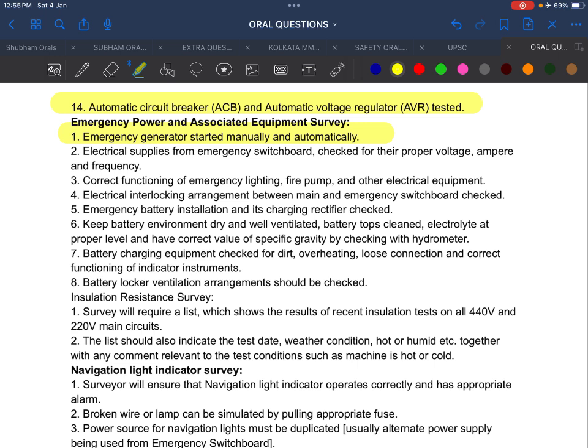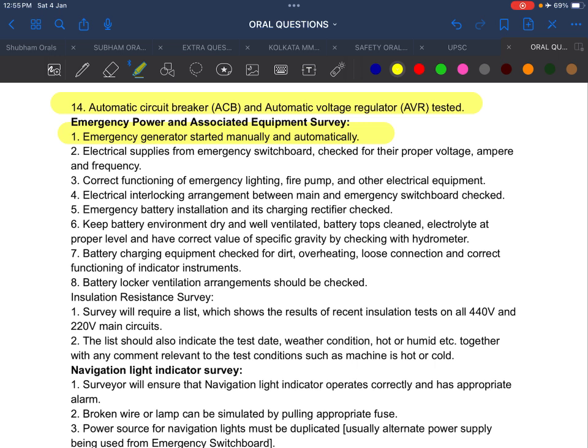I already made a practical video on how to start the emergency generator by the two methods, one battery start and another hydraulic start. You can go through the video also, and you can understand by clearly seeing the practical. I will not deal with the theory. I will give you the practical view of how you can do this.